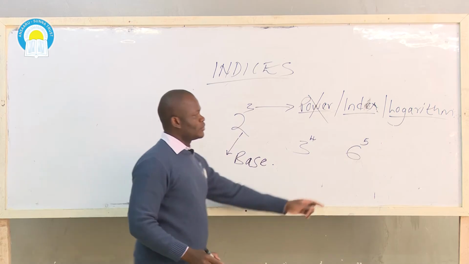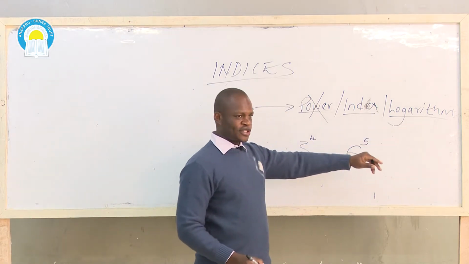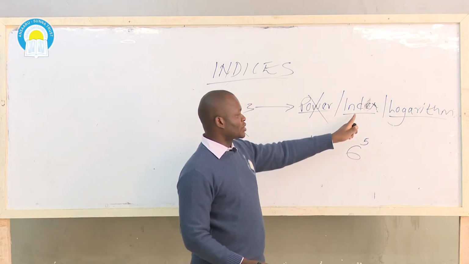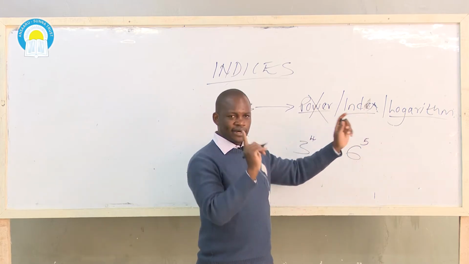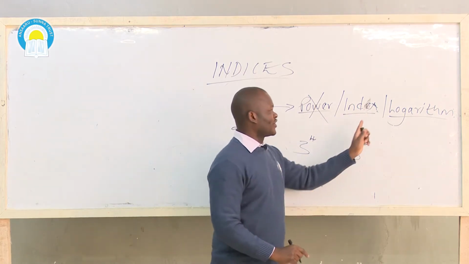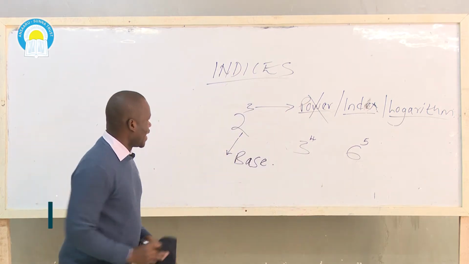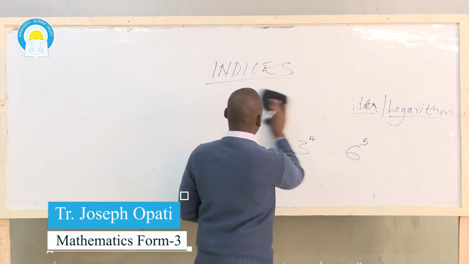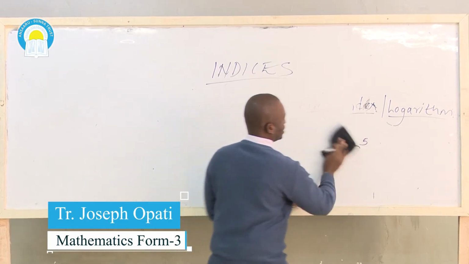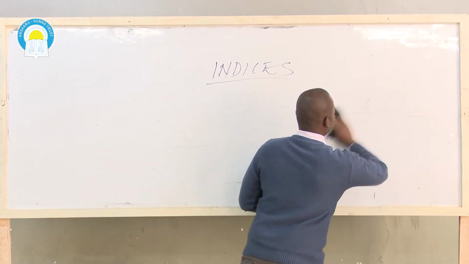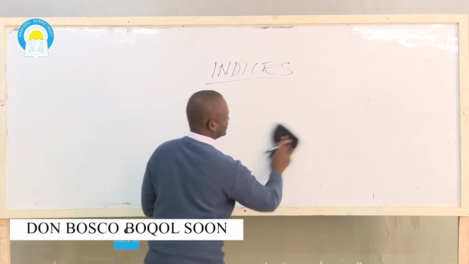Now, logarithm will come later. Now we want to focus on index. One is index. When there are many, we call them indices. So, about indices.